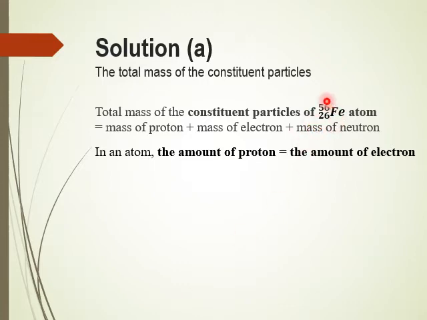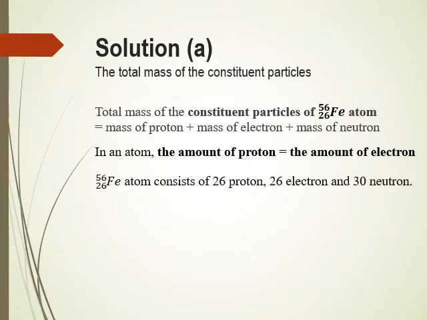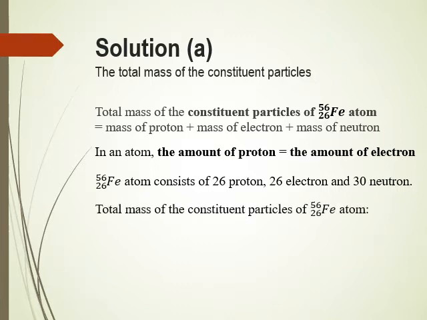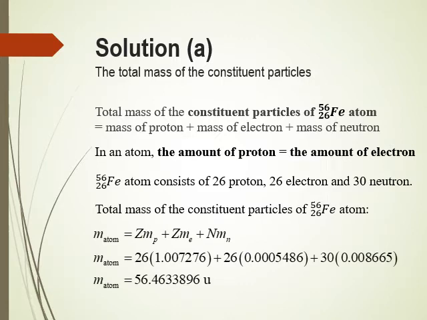So by looking at the mass number and atomic number, we know that the Fe atom consists of 26 protons, 26 electrons, and 30 neutrons. Now that we have all of the information needed, let us apply the equation M atom equals ZMp plus ZMe plus NMn.